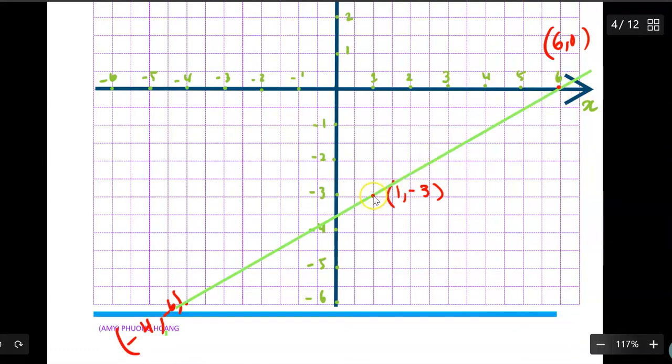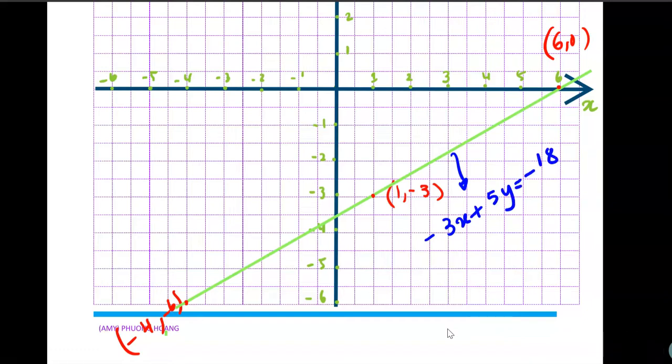This is the 1 and the negative 3, and this is the 4 and the negative 6. So this line represents negative 3x plus 5y equals negative 18.